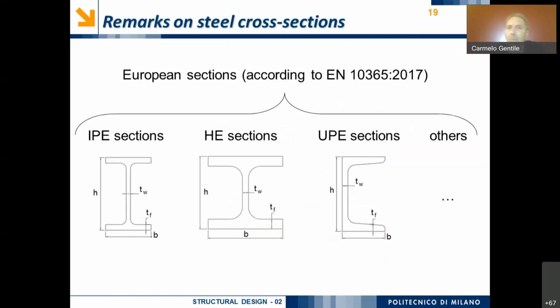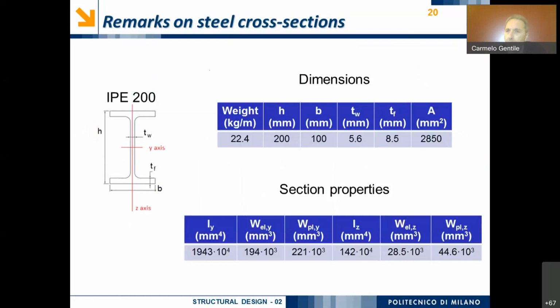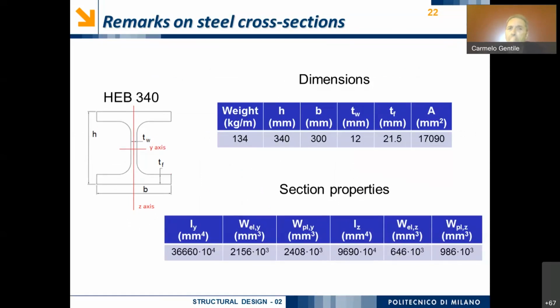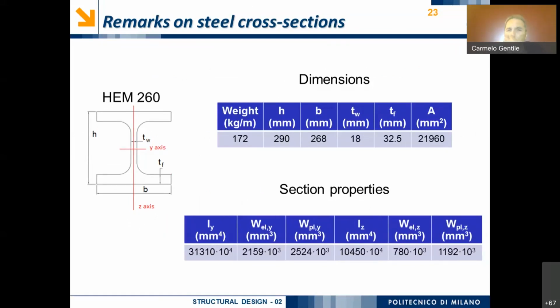I have already commented about the industrial production in Europe, but I will show this with much more detail in the second part of my presentation, and I have already commented about the possibility of having different kinds of cross-section like IPE or HEA and HEB and HEM.